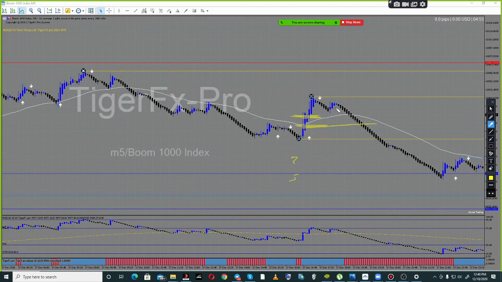Okay, and then take a look at this sell, and take a look at this bar. The distance to the stop loss is too small. And because this here is a lower time frame, we're not going to talk about it.